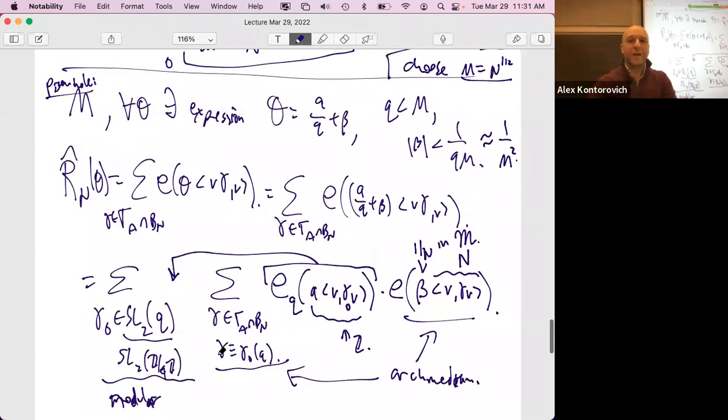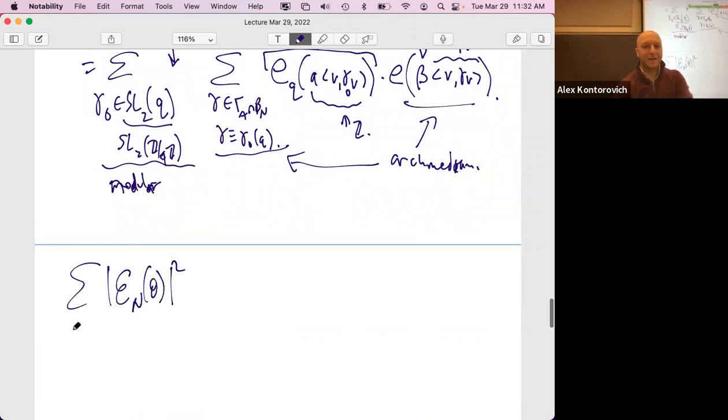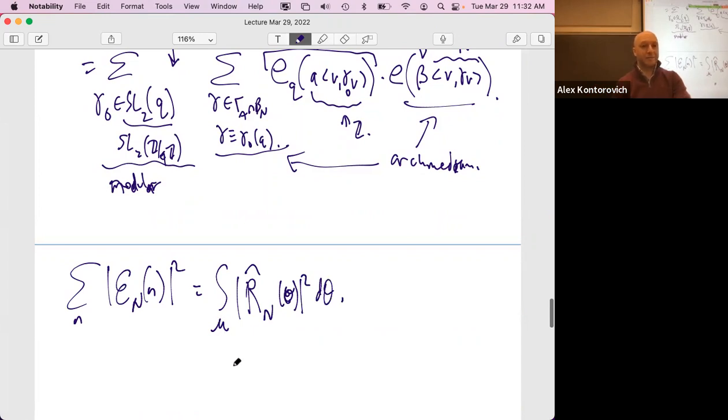All I want to do is motivate the following decomposition. So when we're summing these e(theta) squared over N, and we've expressed it as an integral over the minor arcs of r_N hat of theta squared d theta, what I want to do is break these major arcs into dyadic components.